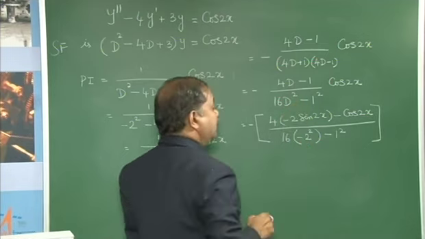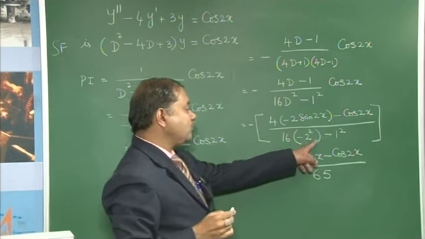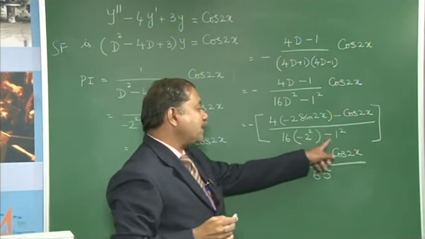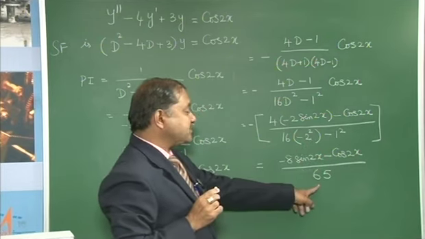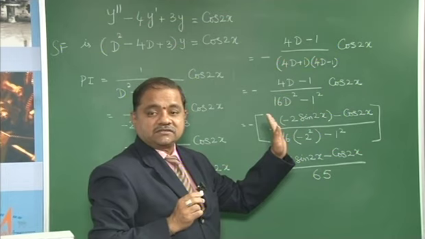So, what is my total answer? Minus 8 sin 2x minus cos 2x divided by, here you will get minus 65, this minus is getting cancelled, plus 65. Am I right? 16 into 4, 64, plus 1, 65. I will get minus 65, this minus is cancelling with this, therefore plus 65, numerator as it is.